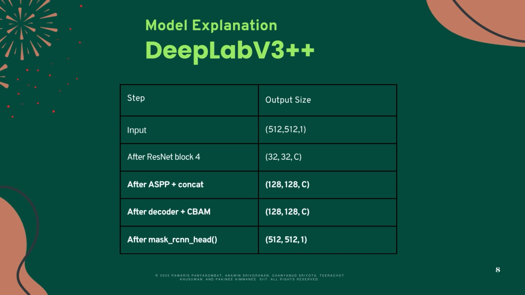This table here shows how the resolution changes throughout the model. We go from 512 down to 32. That's where the model really learns the features. And then we gradually bring it back up to the full resolution with the final output.